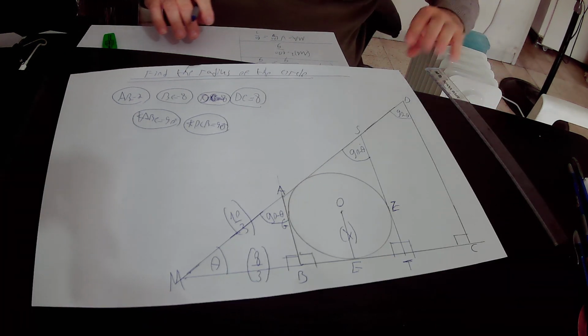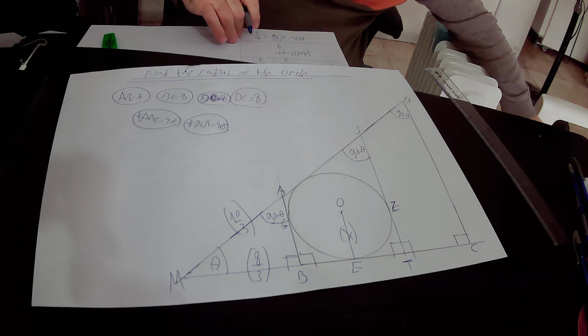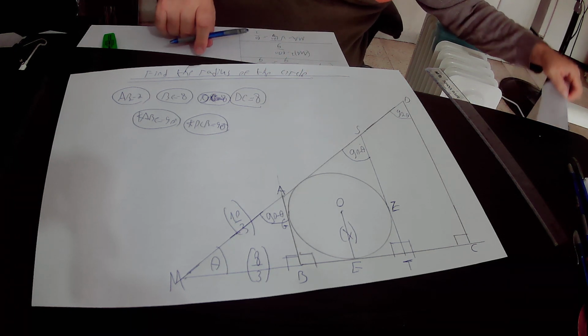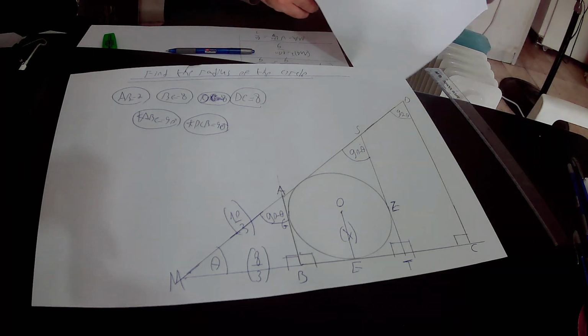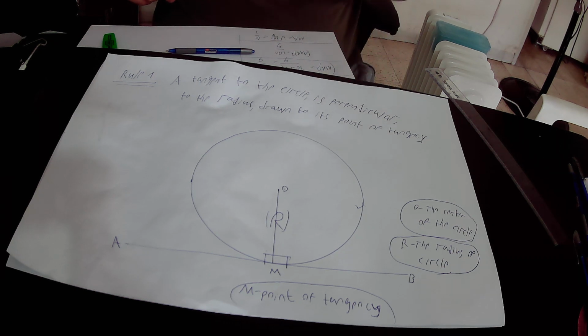We can implement here rule number 1. I will remind you quickly what rule number 1 is. According to rule 1, a tangent to a circle is perpendicular to the radius drawn to its point of tangency.